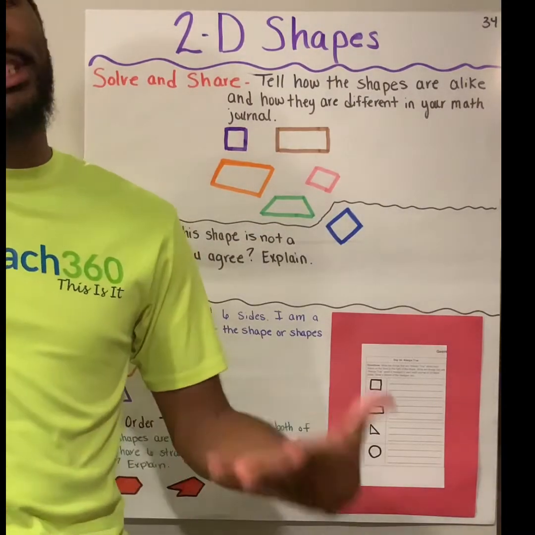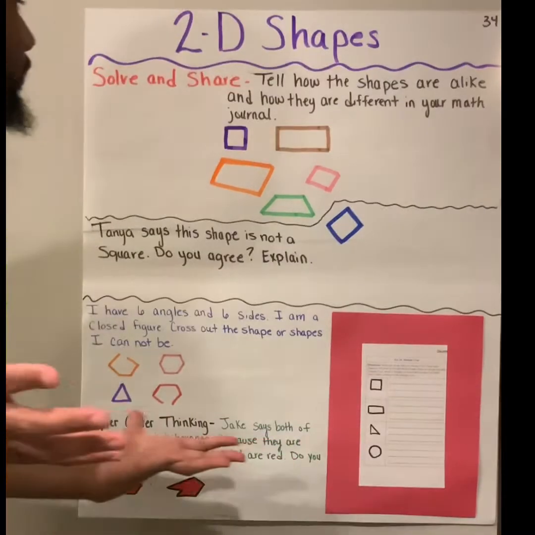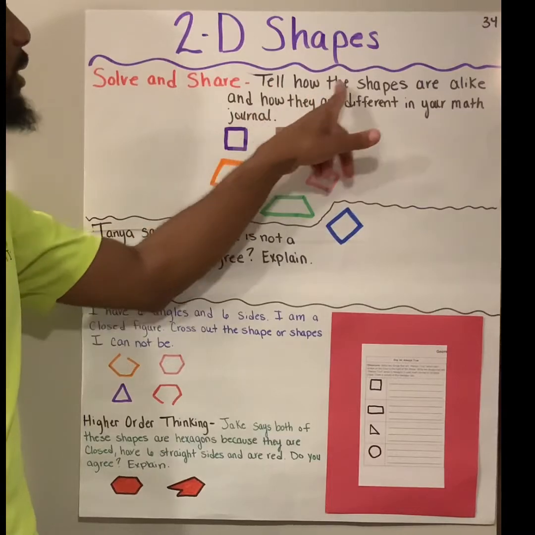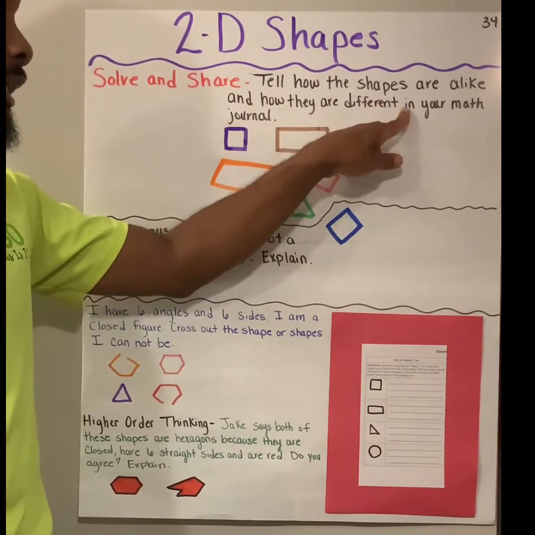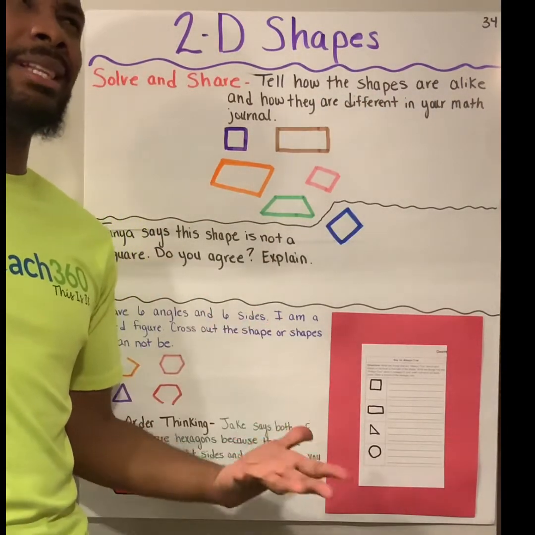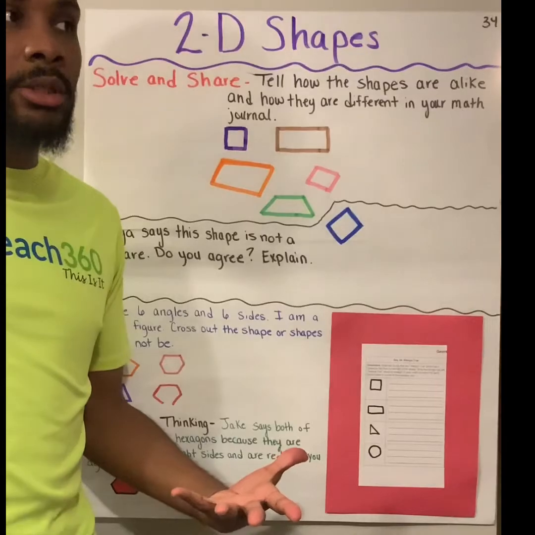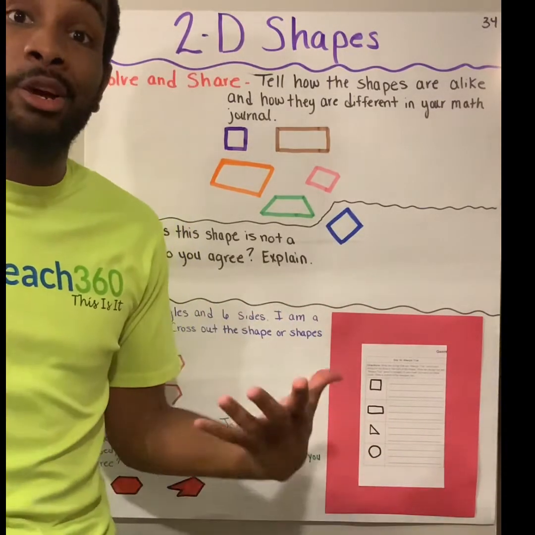So now that we got those shapes out of the way, let's look more into our lesson. So it tells how the shapes are alike and how they are different in your math journal. Now we just watched a video about how shapes are alike and how they are different. So I was like, oh, I can go back and look at the video and see what it was about.